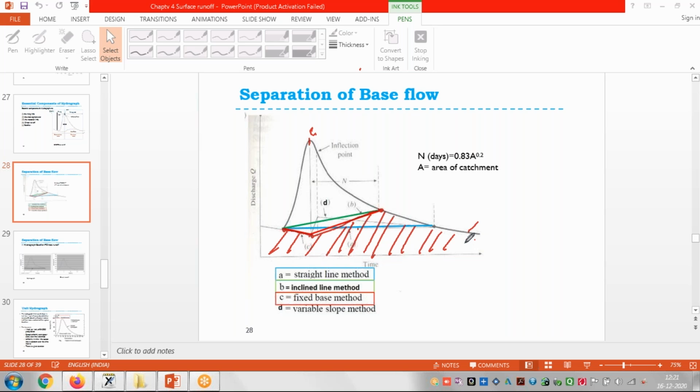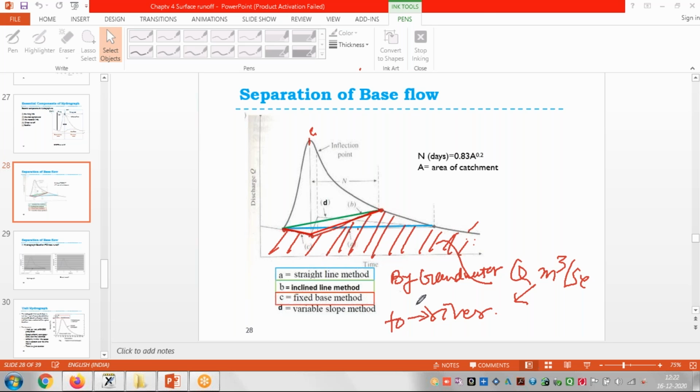Base flow means this is the quantity of water or discharge which is contributed by the groundwater to the river.